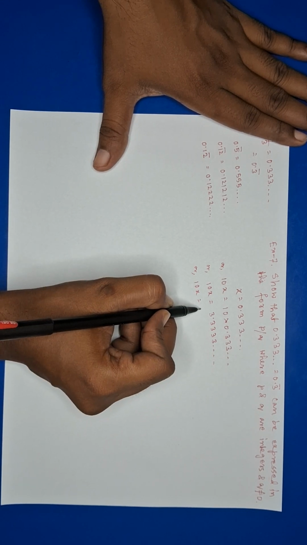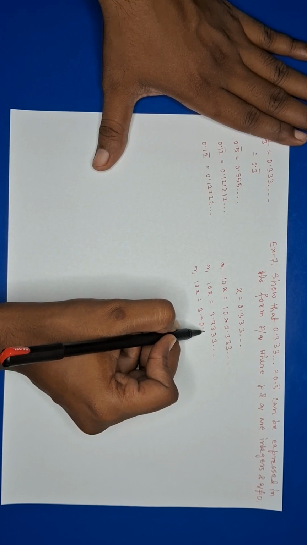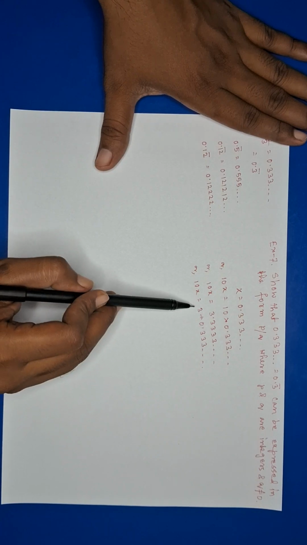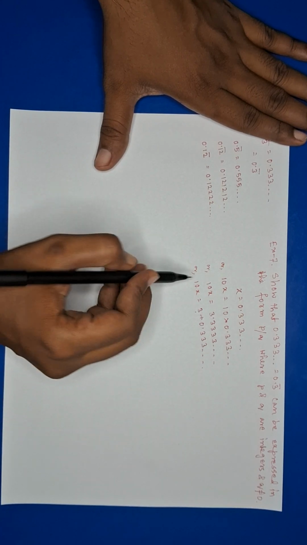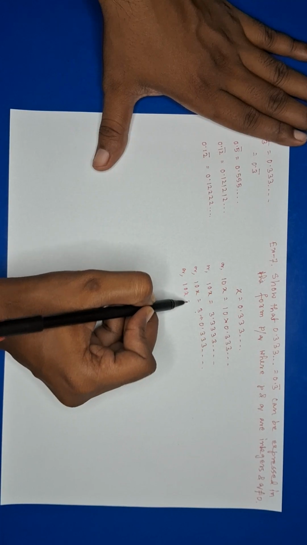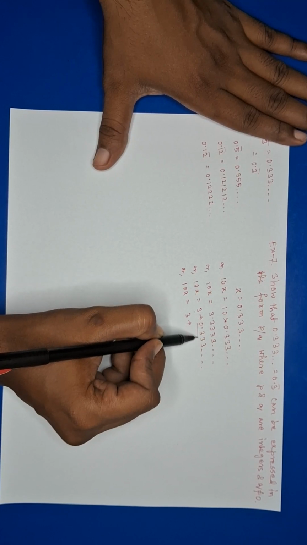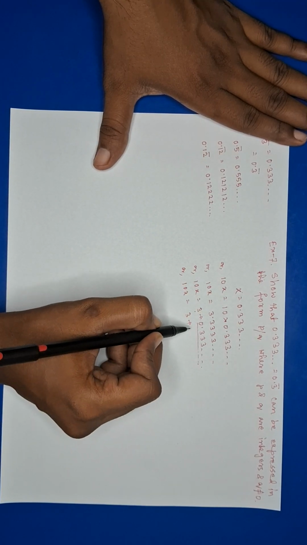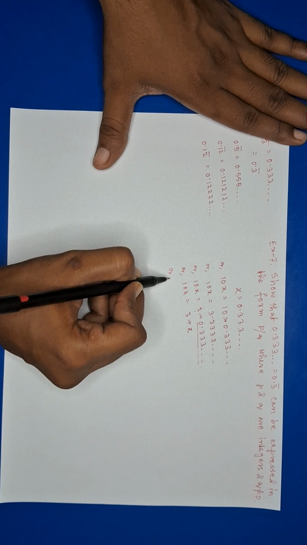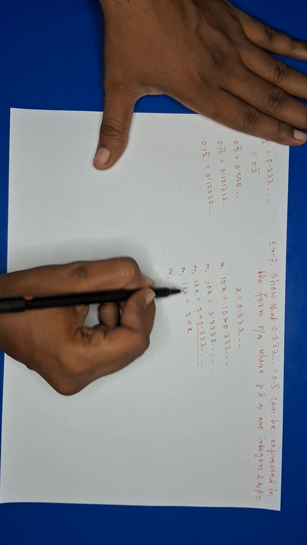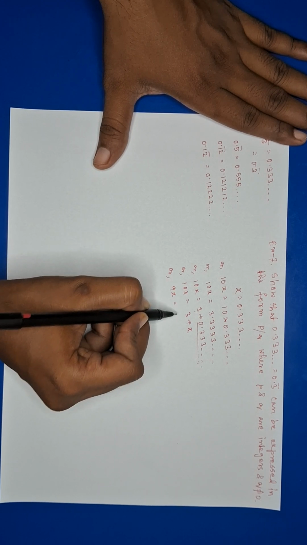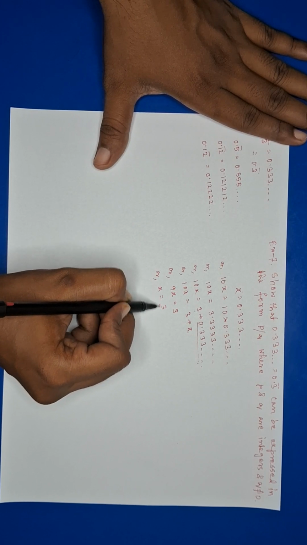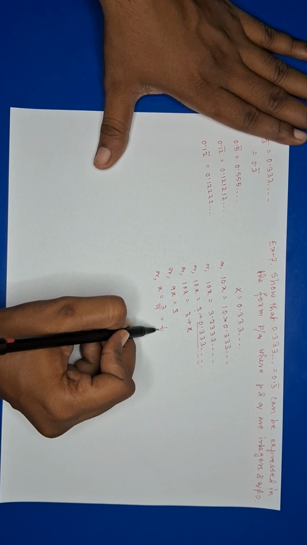We can write 3.333 as 3 plus 0.3333. Now this 0.333 dot dot dot is equal to x, as we considered initially. Now that means 9x, taking this x to this side, 9x is equal to 3. So x becomes 3 by 9, that is equal to 1 by 3.